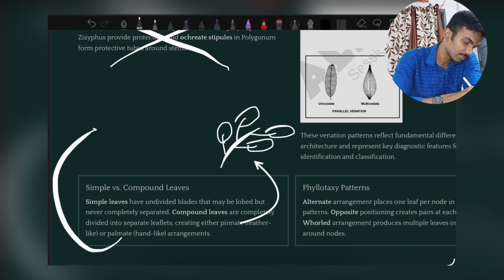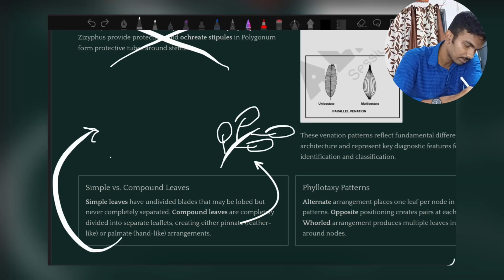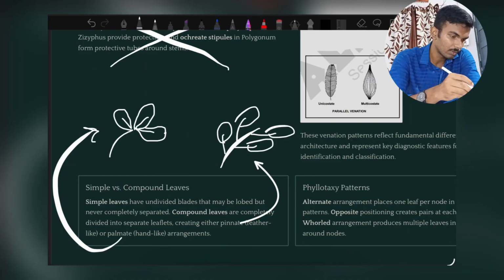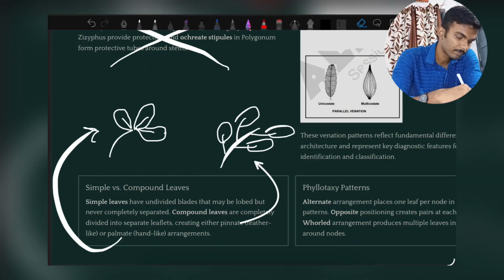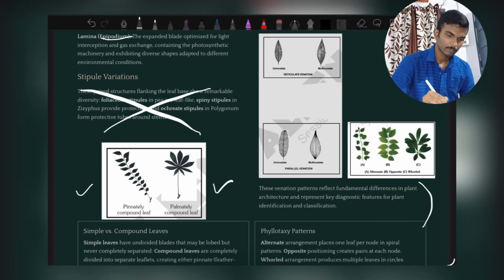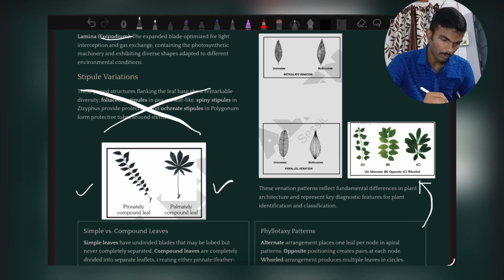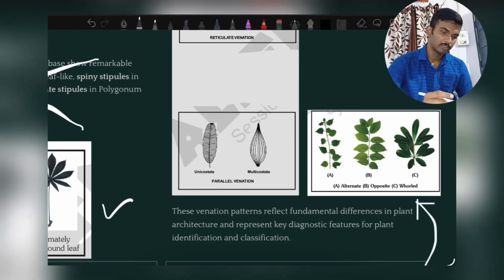Palmate is like this. This is alternate, this is opposite, and this is whorled, as in Alstonia.